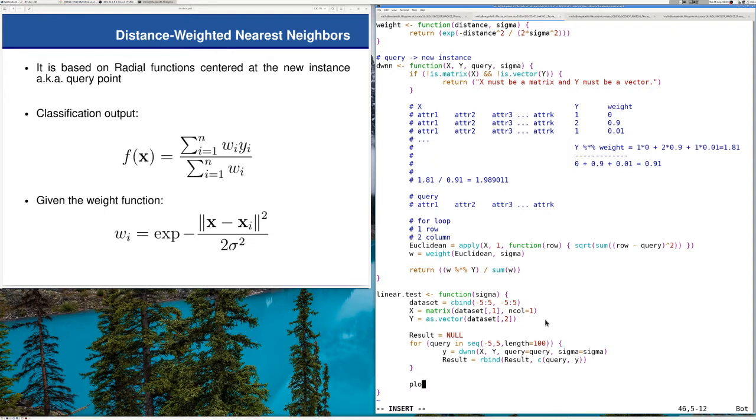Because now I can plot something like this: what I had as input and what I expected as output, which is my data set. And I can also plot in terms of red points my result to verify how it looks like. Okay? This is going to be my linear test.